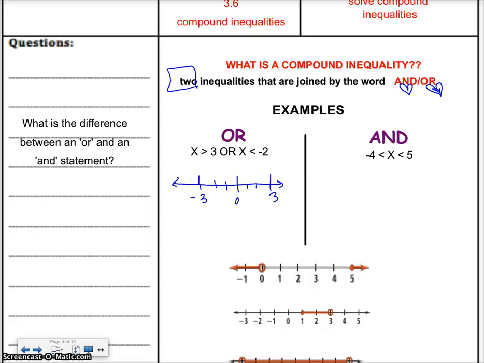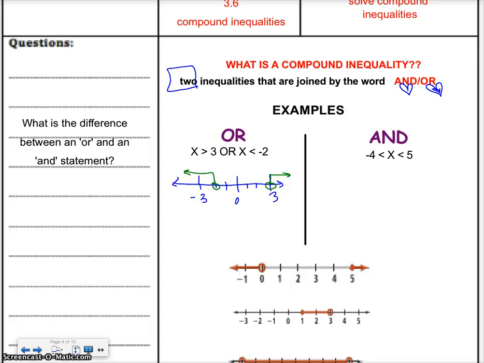How you graph that is two separate ways. But they're just on the same graph. So x is bigger than 3 would be an open circle going to the right. And x is less than -2 would be an open circle at -2 going to the left. They're going in separate directions.